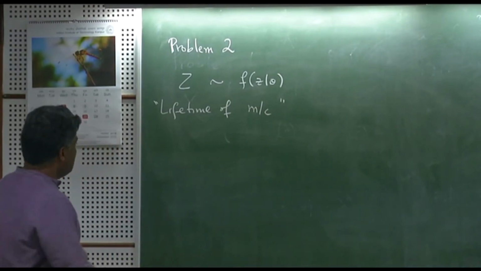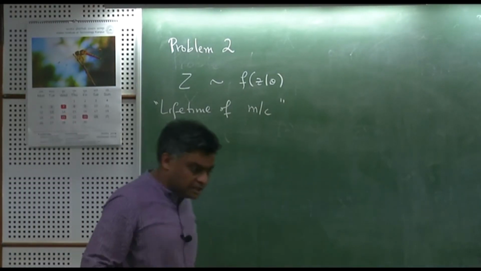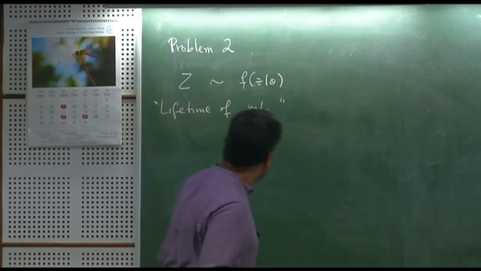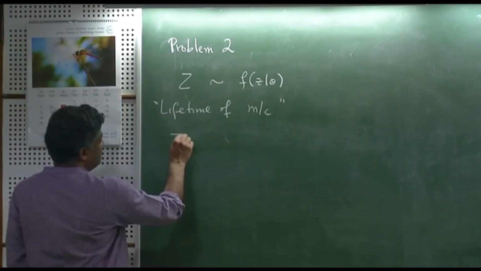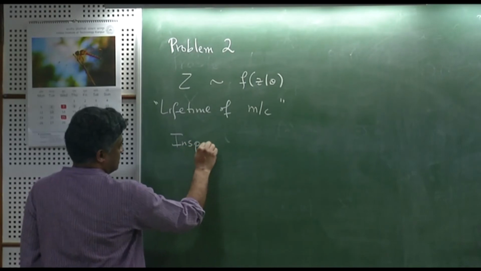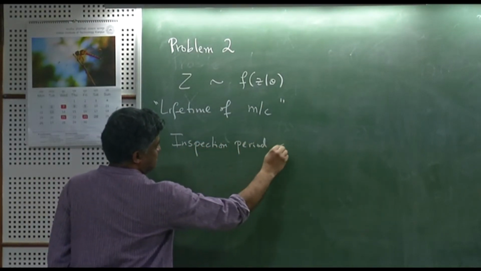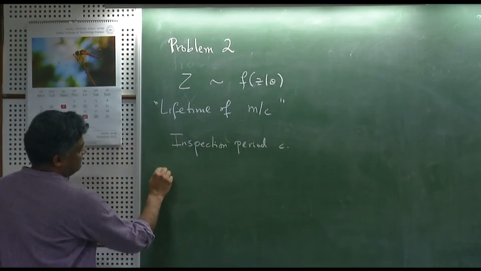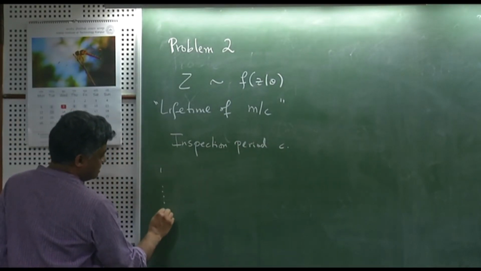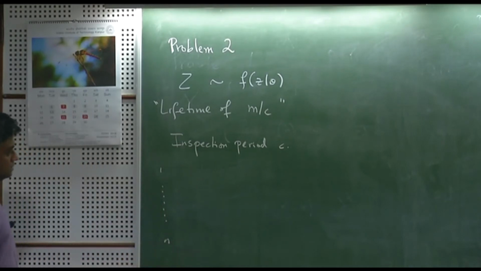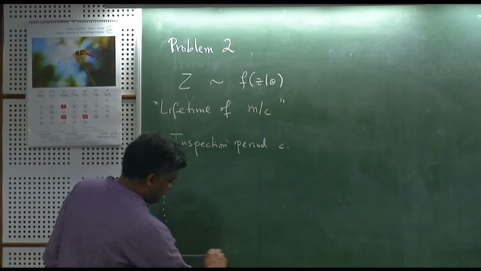Okay? And then I have a time period, what did I call this over there? C. So I have an inspection period C. And what I've done is I prepared n different machines to start with, and here's my time.